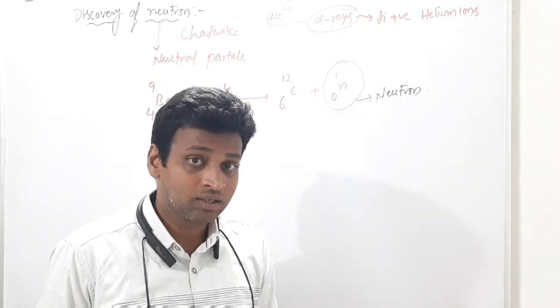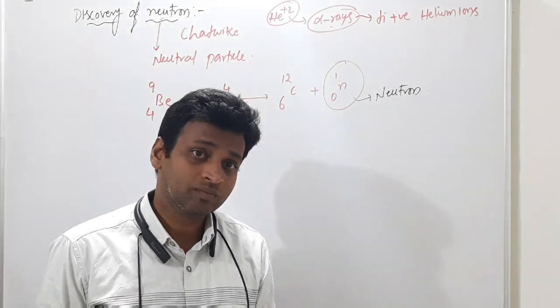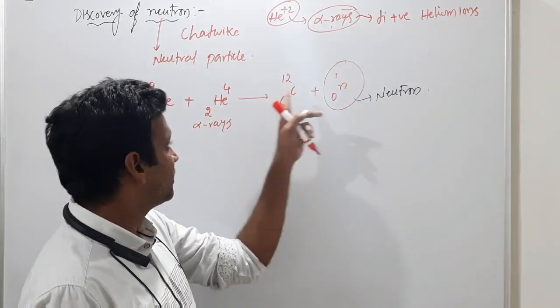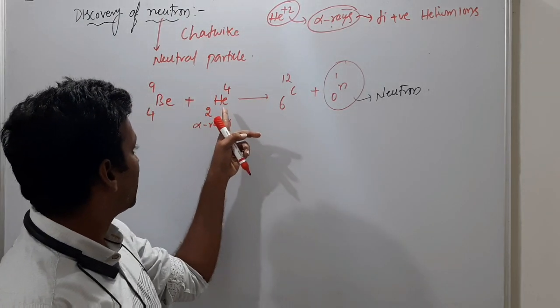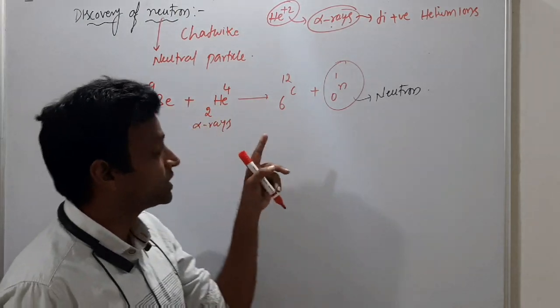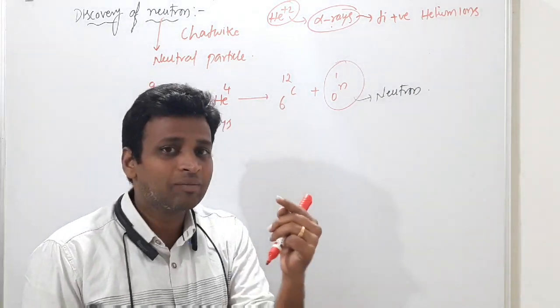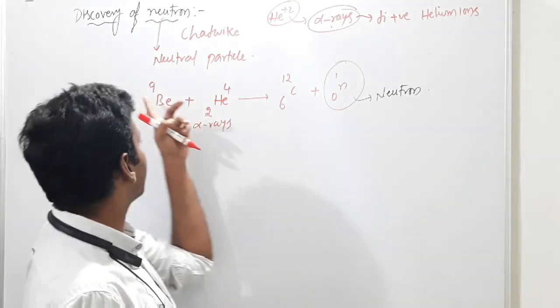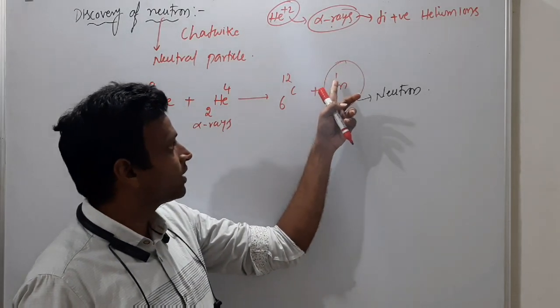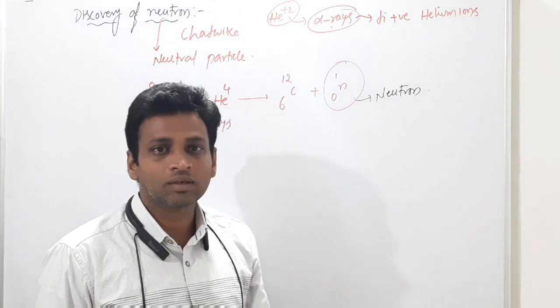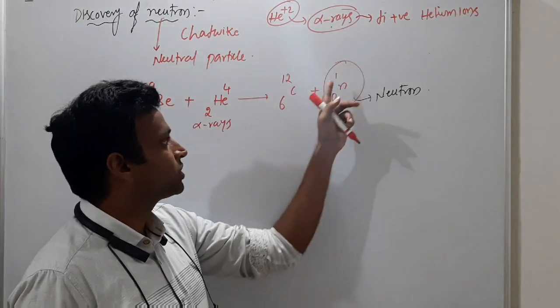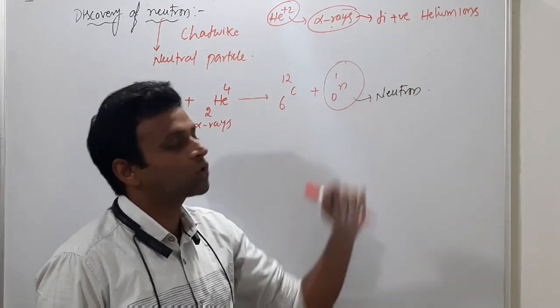How did he come to know? He is an intelligent fellow. He got 12 here. When alpha particles bombarded the beryllium sheets, he observed carbon formation with a mass of 12, and the total is 13, 9 plus 4. So with the remaining 1, there is some other particle with 1 mass. Who is that? Neutron.